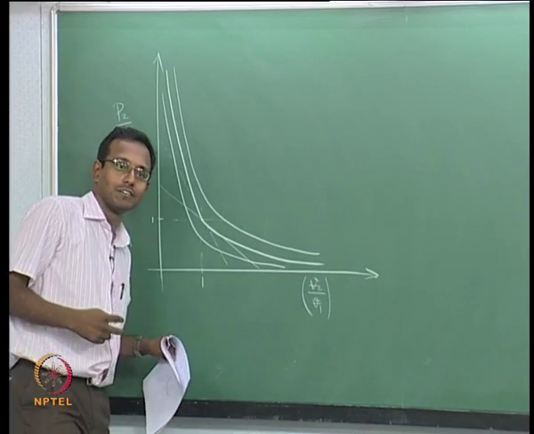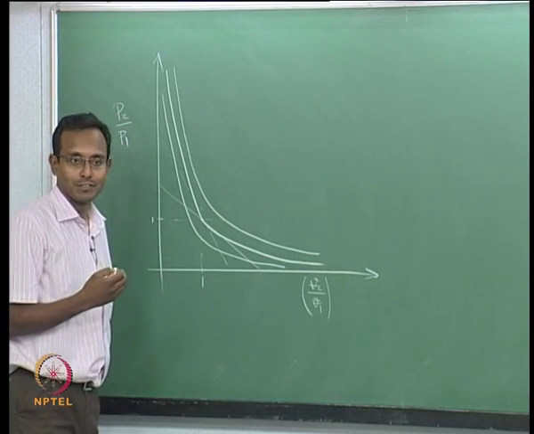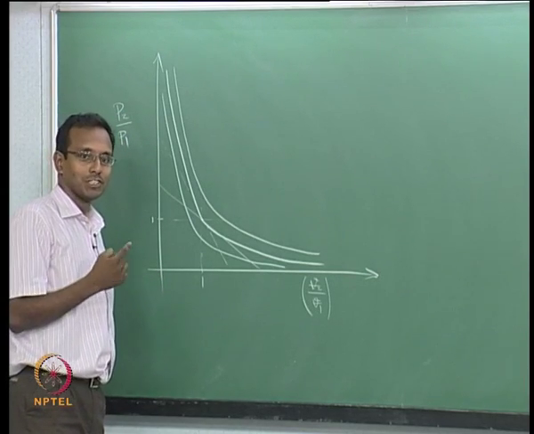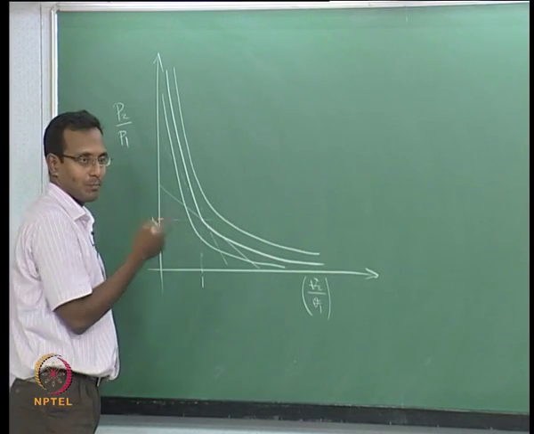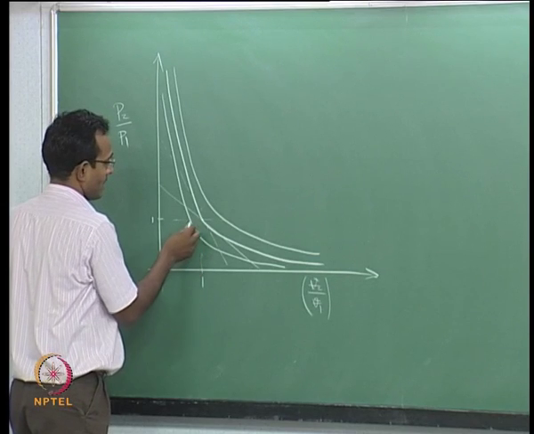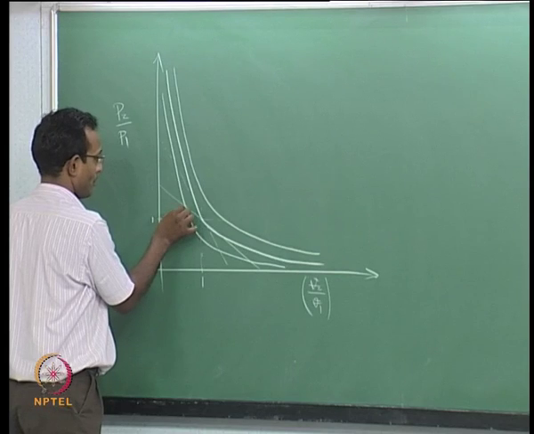This is where we stopped last time, and we found that the actual solution for the problem will be the position 2. We started at 1 and we had to end with 2. The P2 V2 will be the intersection of these lines, Rayleigh line and the Hugoniot curve.